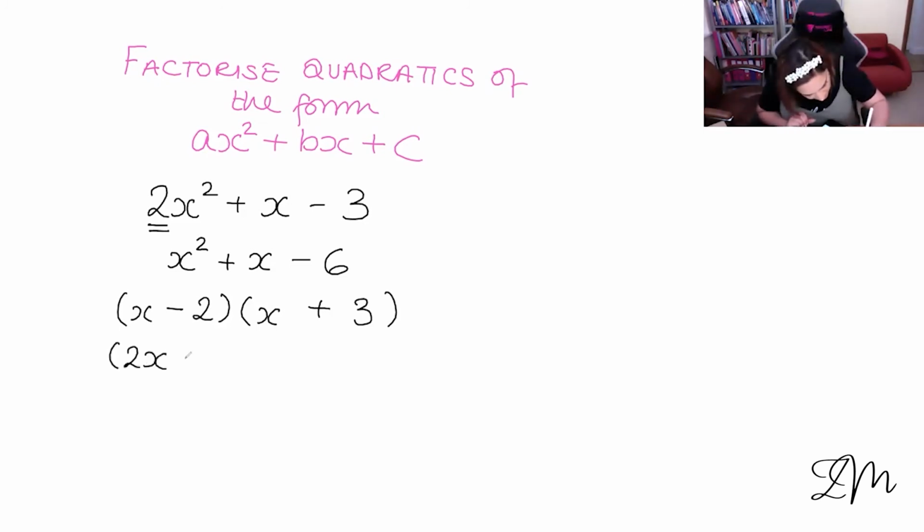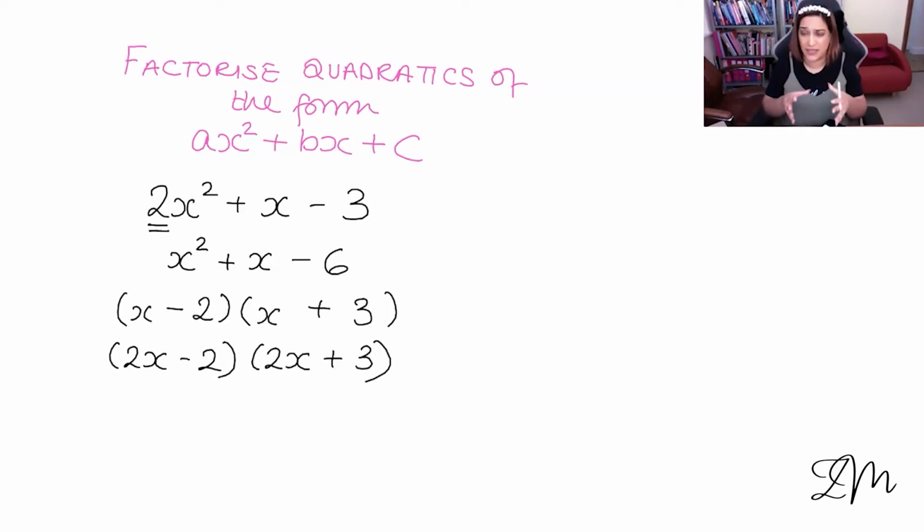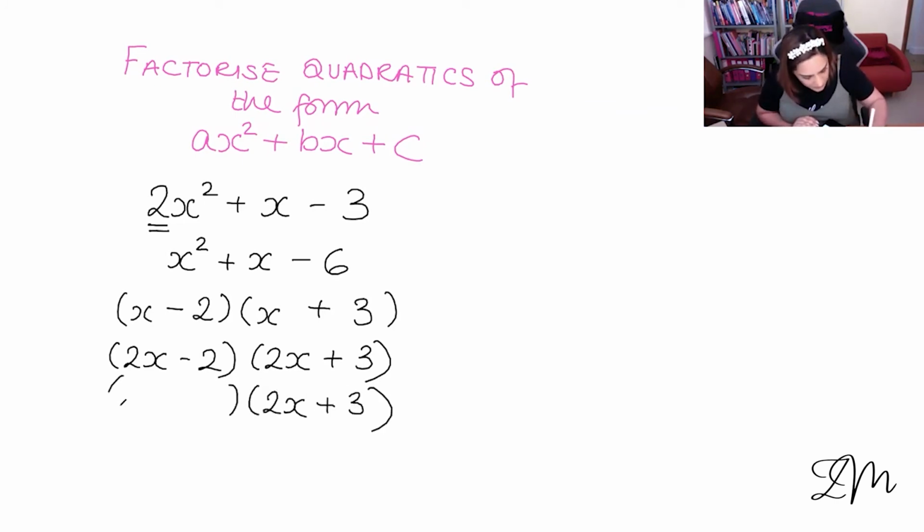So we get 2x minus 2 and 2x plus 3. But now we have to divide by the highest common factor of each bracket. 2x plus 3 stays the same, but in the first bracket, we can divide by 2, and we get x minus 1. Now if you were to open that out, you'll find you've got your quadratic.